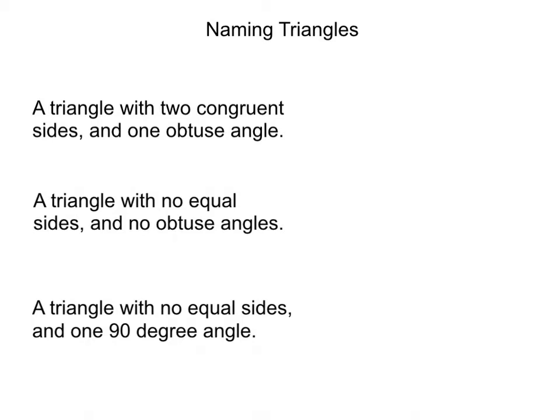The problem is we can't say just that it's an isosceles triangle, which means that it has two congruent sides, and we can't also just say it's an obtuse triangle. So we have to combine those two things. As we look at this, we're going to say that this is an obtuse isosceles triangle. So we can go ahead and put that down. Obtuse isosceles triangle.